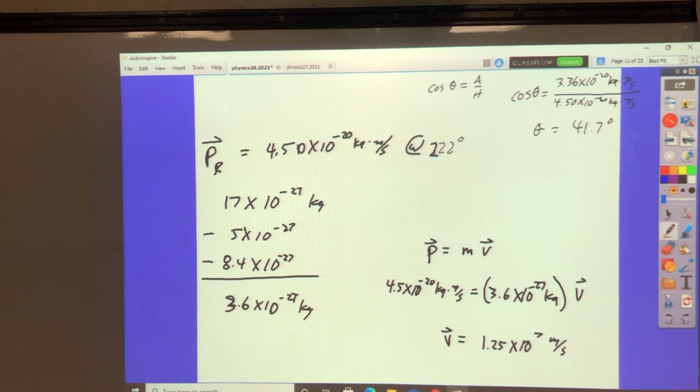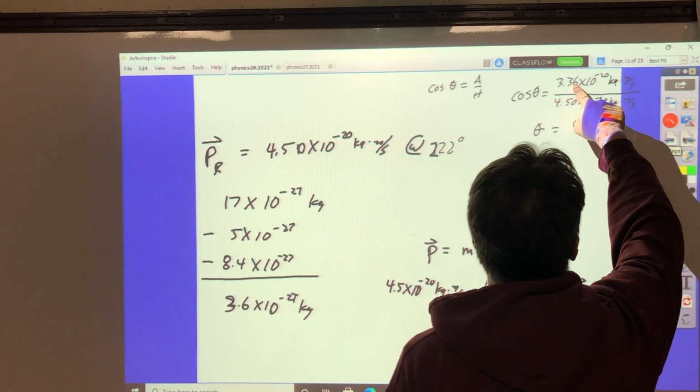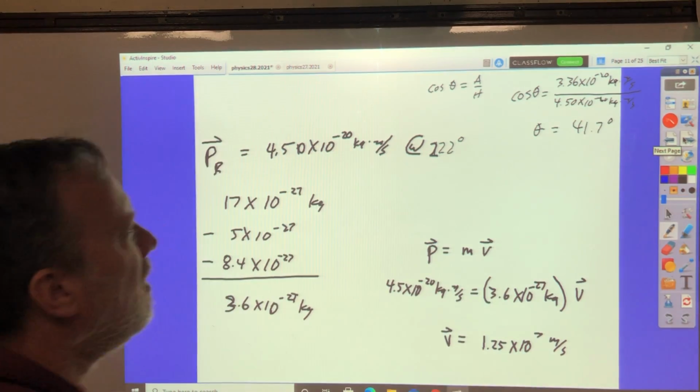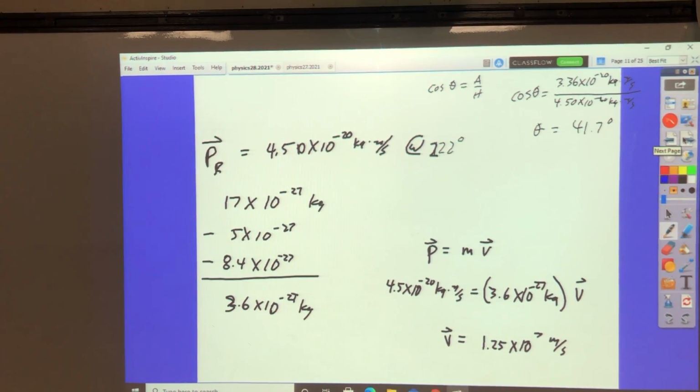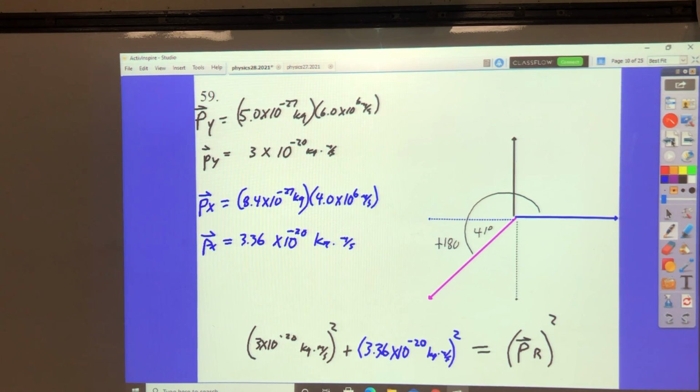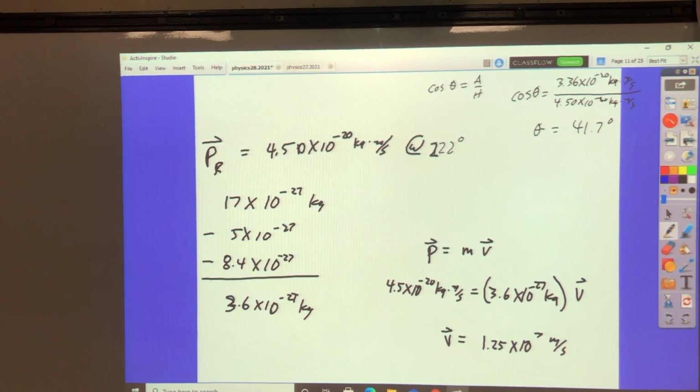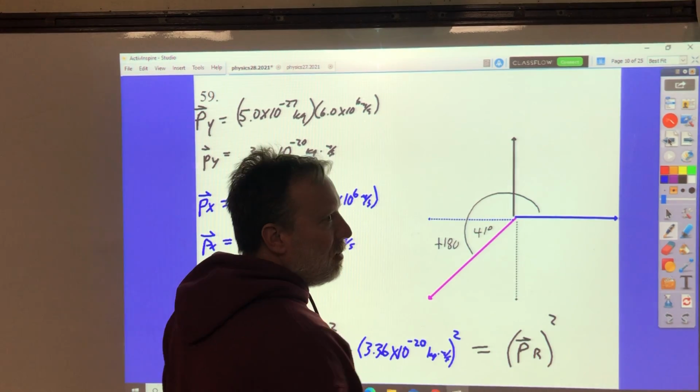I did opposite over adjacent, so I did 3.36 times 10 to the minus 20 divided by 4.5 times 10 to the minus 20 and came up with 41.7 degrees. Nope, I did cosine, which isn't really the smartest way to do this.